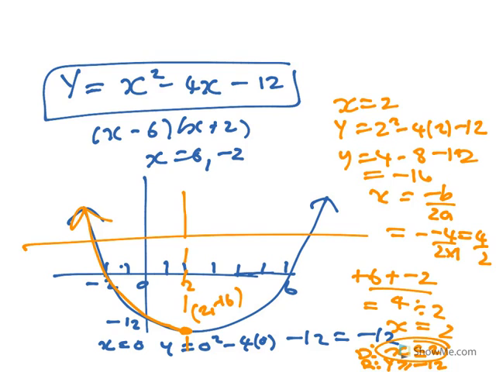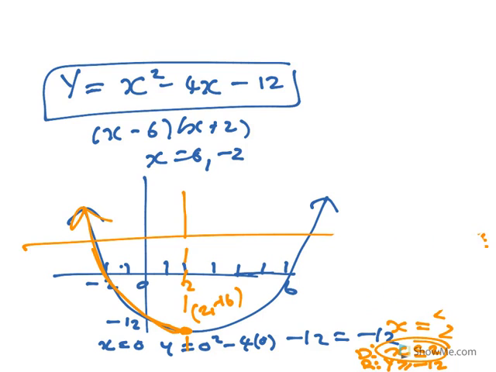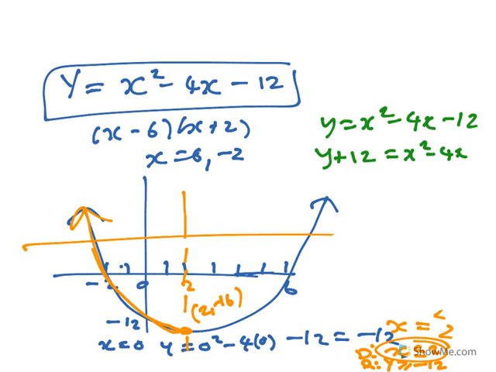So if we restrict the domain to that, then we need to find the actual equation of the inverse function. You start off with this. You bring the 12 over, and then out of this part here you want to create a perfect square.